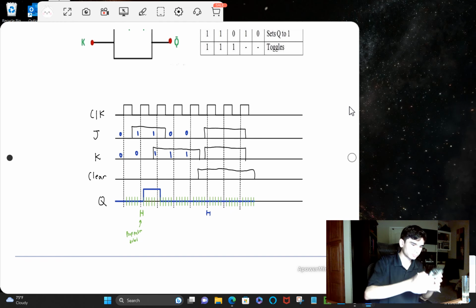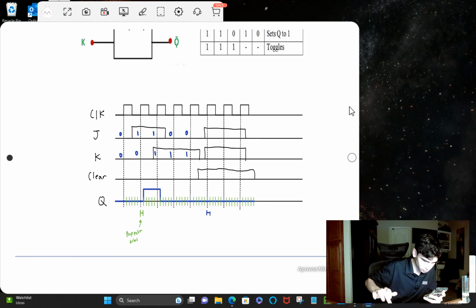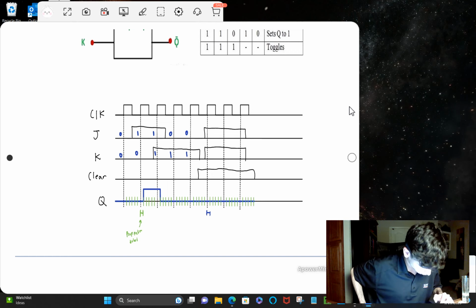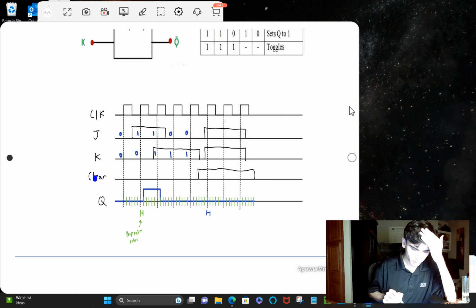Let me see if there's anything else. So yeah, just remember when clear is asserted, when clear is high, output Q will be 0 no matter what.